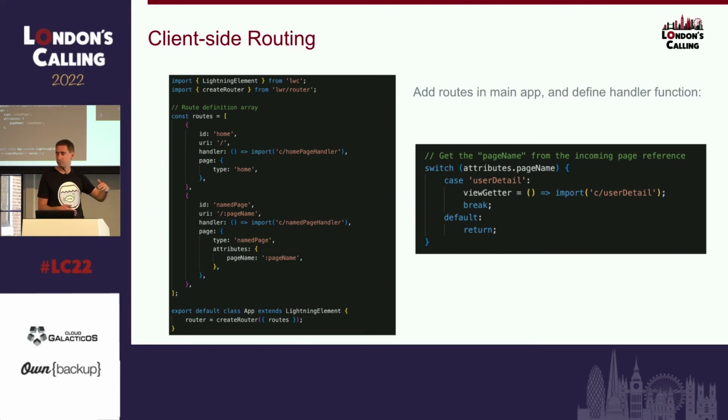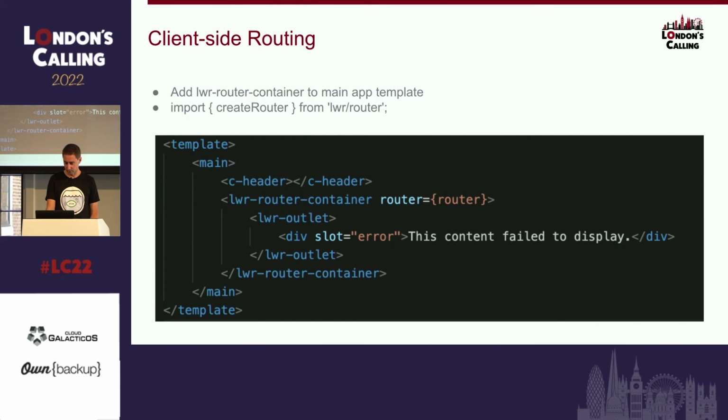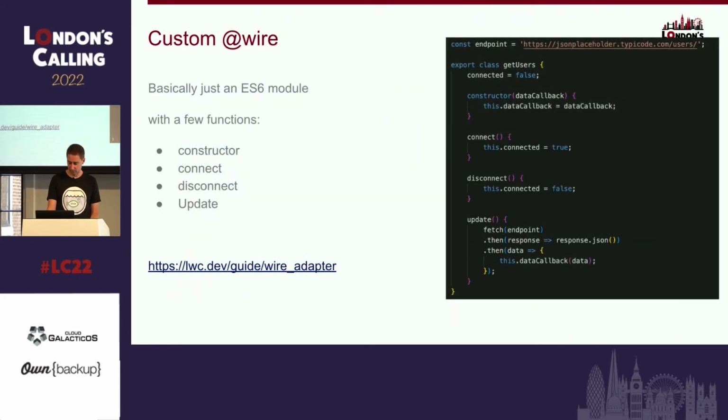Here it's just a basic name, but you could route whatever you would like. So it's pretty easy to do. Then we need to add to your main template the LWR router container, which is the component that will handle all navigation for you. So that's it for navigation.